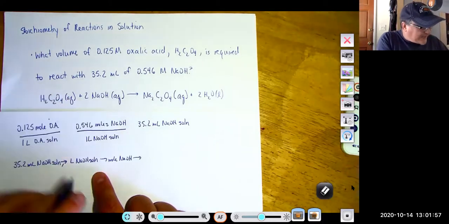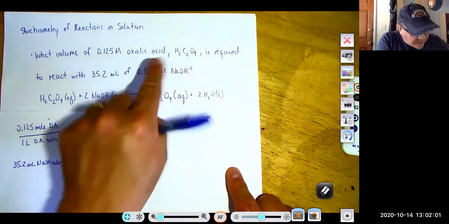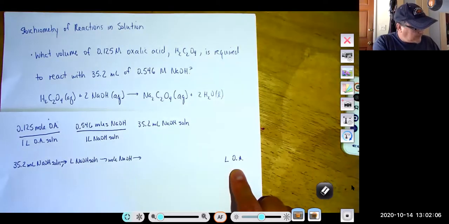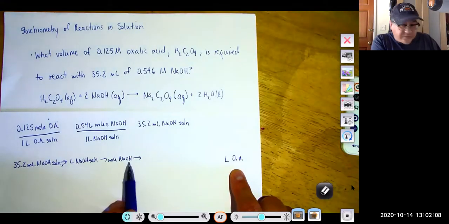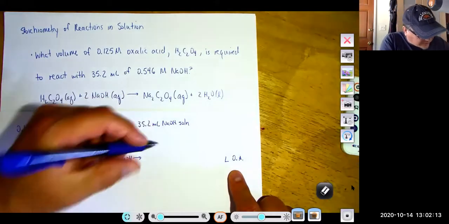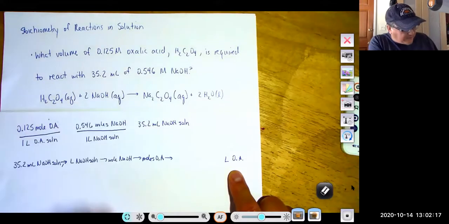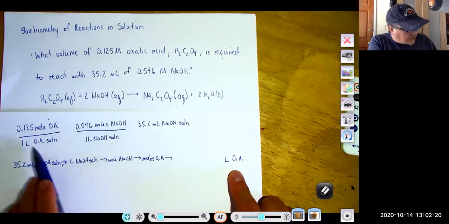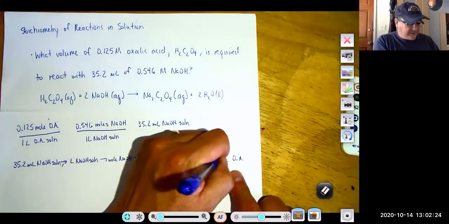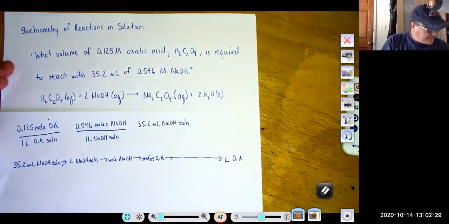And you can see that the end answer is what volume of oxalic acid. So I'm going to put liters of oxalic acid here. So I need to go from sodium hydroxide to oxalic acid, which means I'll probably go from moles of sodium hydroxide to moles of oxalic acid. And then from moles of oxalic acid, I can go to liters of oxalic acid. So I'm just going to make this a really long arrow. And there we go. So that's the pathway.